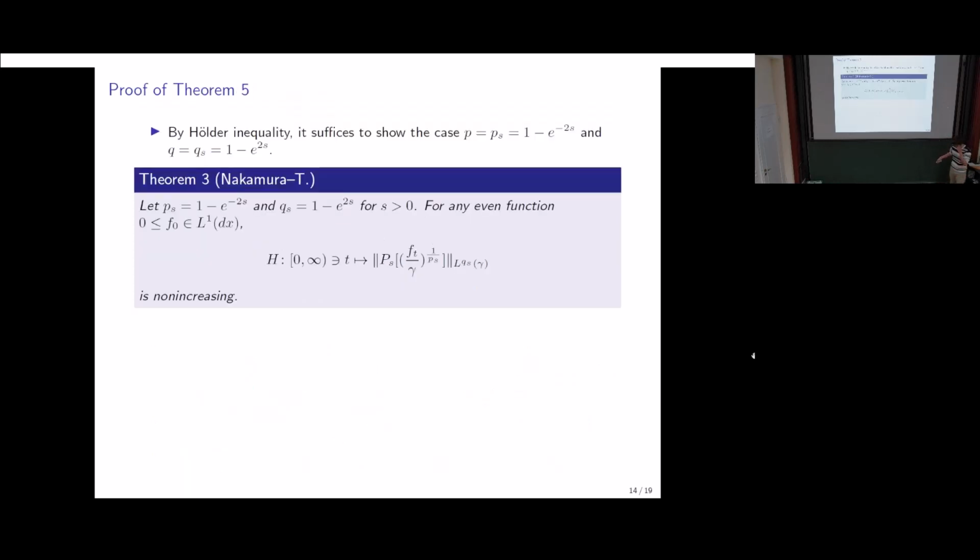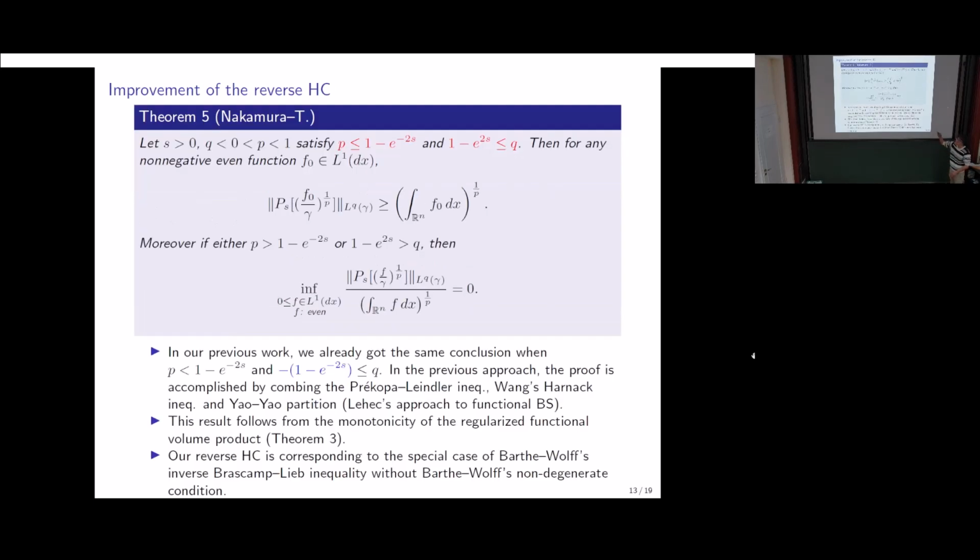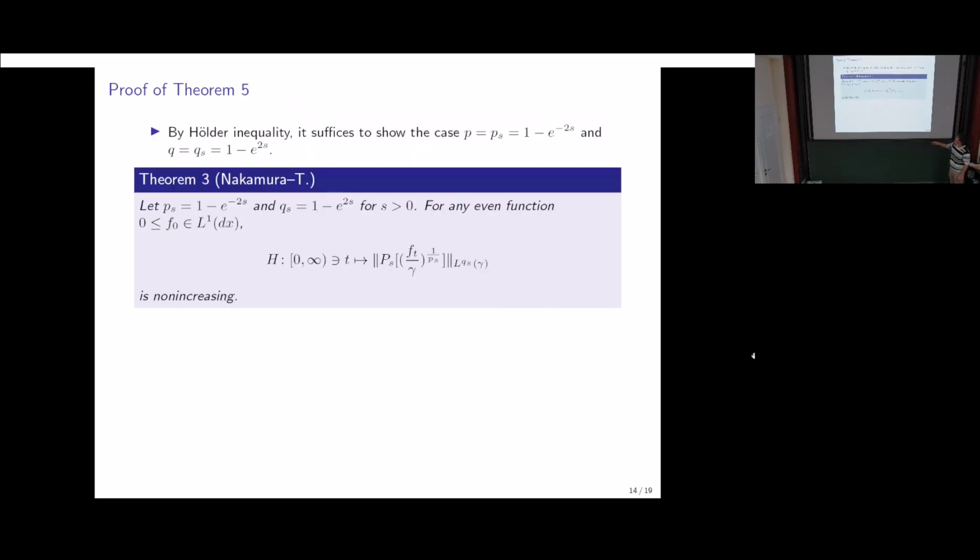Okay, so how to show this? The proof is very easy. If you believe this monotonicity of the regularized function, and let H be these functions, then H at 0 is exactly the left-hand side of the reverse hypercontractivity.